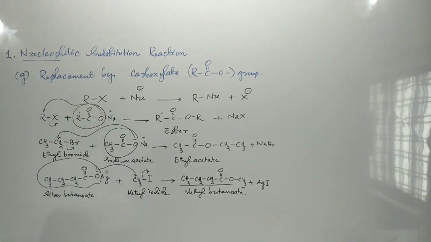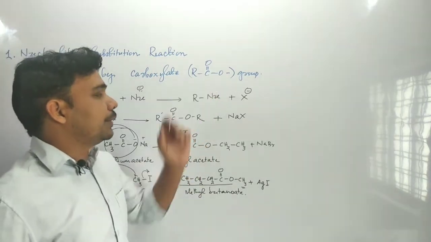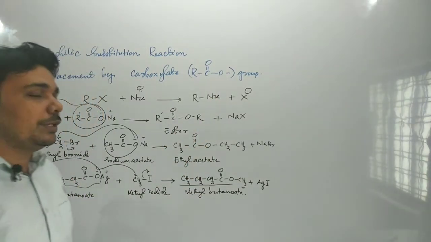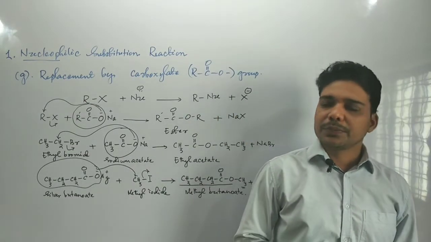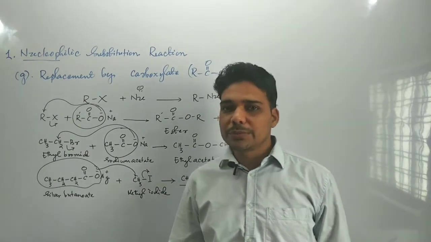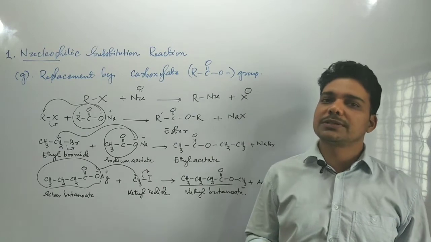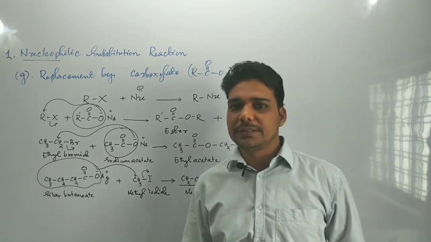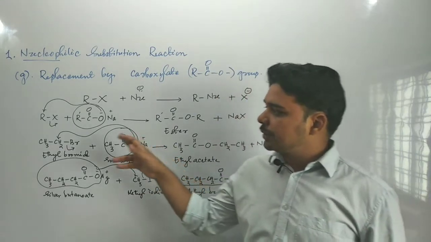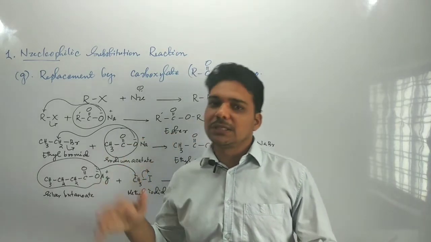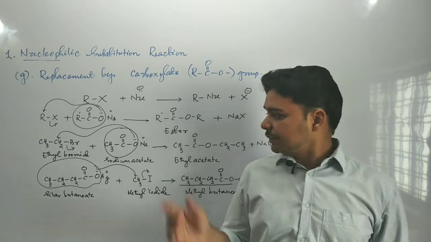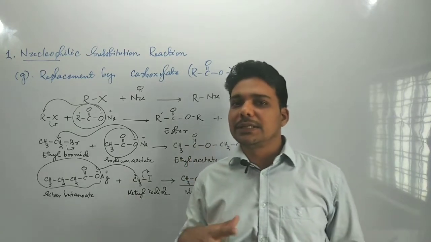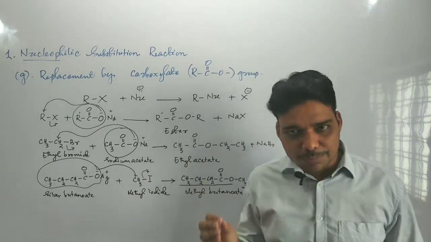So in this way, we can obtain ester when the carboxylate group is considered as the nucleophile. In order to get the carboxylate ion, we can use the sodium salt, potassium salt or silver salt of carboxylic acid. And when that is treated with alkyl halide, particularly primary alkyl halide, then we will get ester as our nucleophilic substituted product.